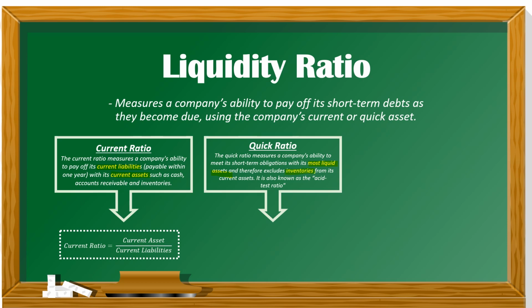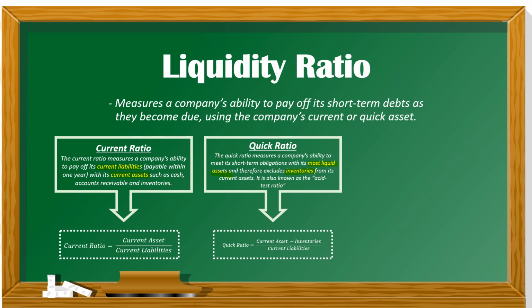So basically, the difference is that the quick ratio doesn't include inventories in the computation, while the current ratio includes inventories in its current assets. The quick ratio is also known as the acid test ratio. Its formula is current assets less inventories divided by the current liabilities.